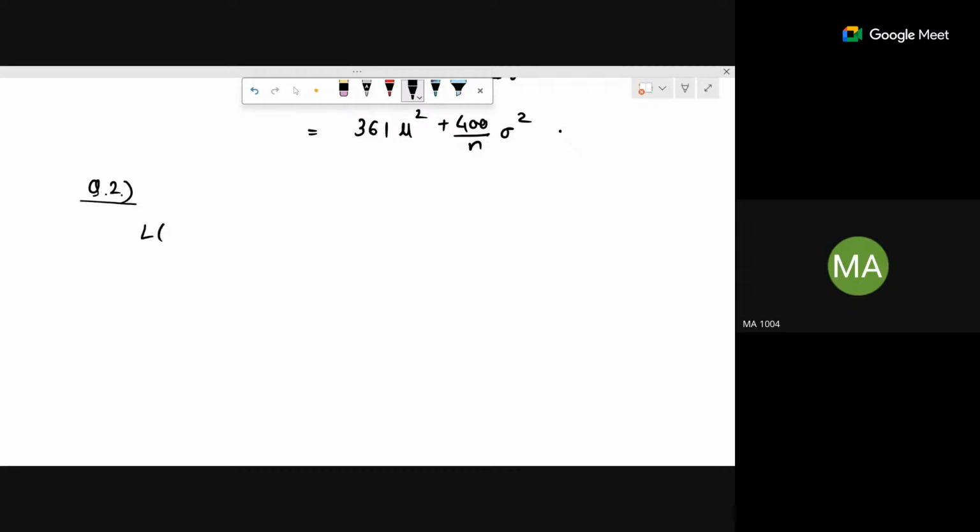That is nothing but L of x1, x2 to xn, and that is equal to the product of f_X of xi, i from 1 to n.